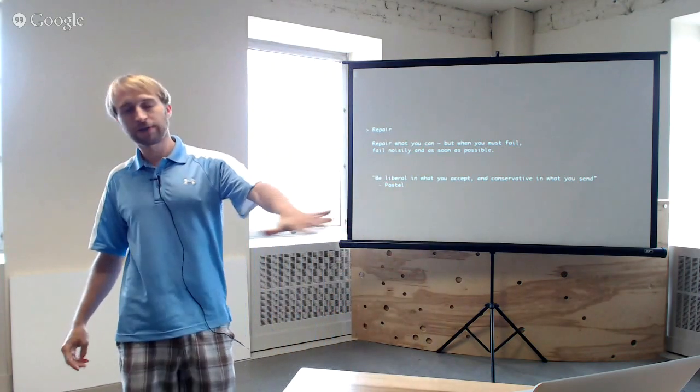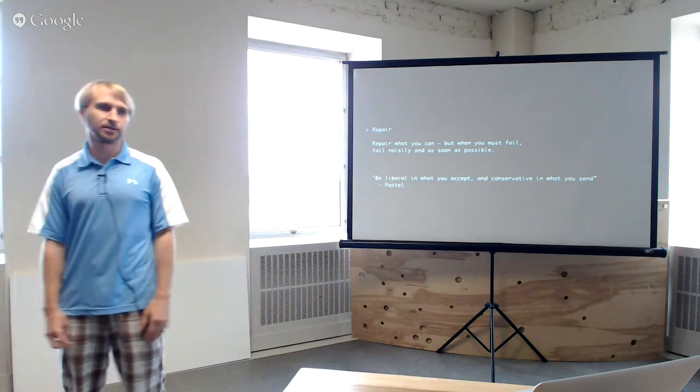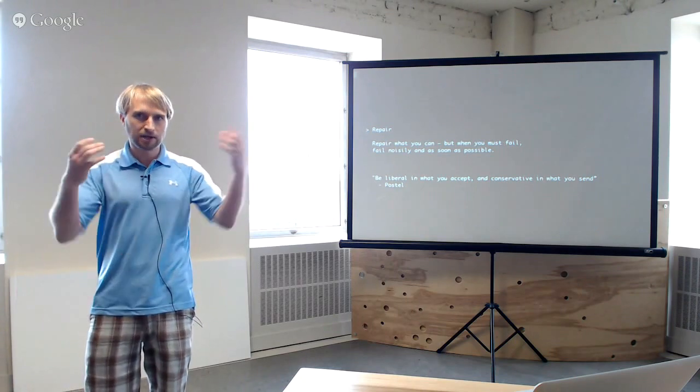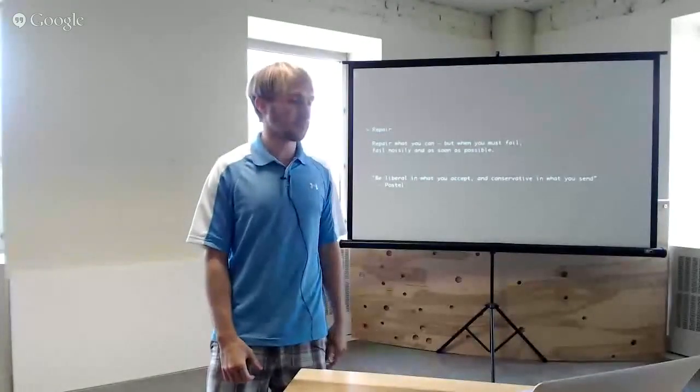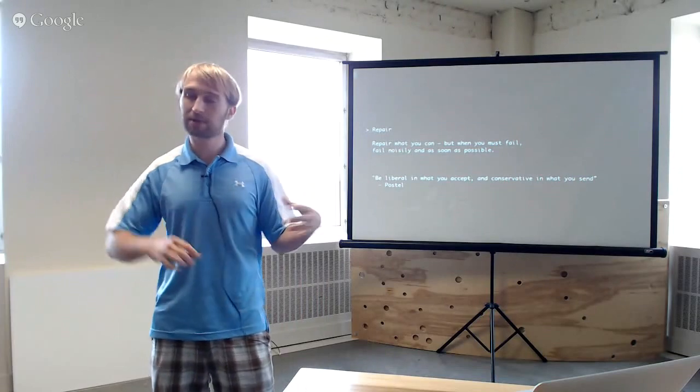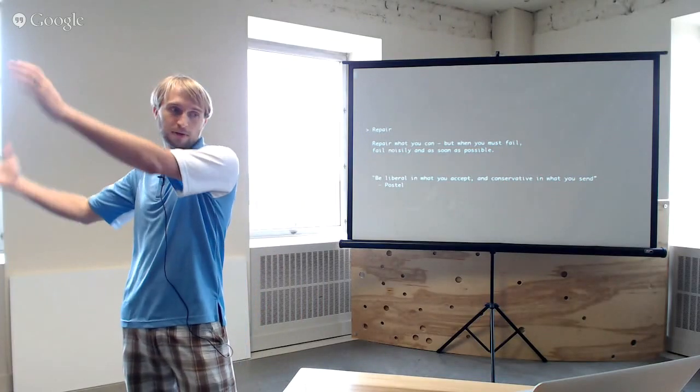Then repair. This kind of relates to robustness, and basically it's saying on your input, try to make sense of what's being sent to you. Try to be a little bit tolerant. But then if you can't make sense of it, don't try. If you know there's ambiguity there, just go ahead and explode and say this is bad. And so one quote about this is be liberal in what you accept, conservative in what you send.